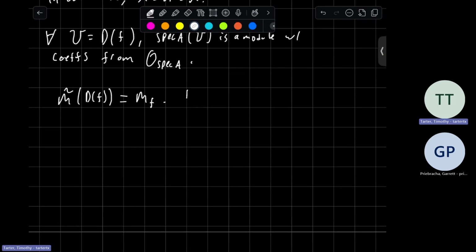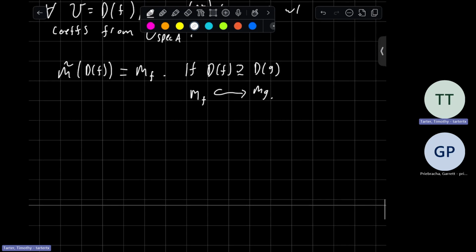Okay. And then we have restriction maps where if DF contains DG, then there's a natural inclusion map MF to MG.